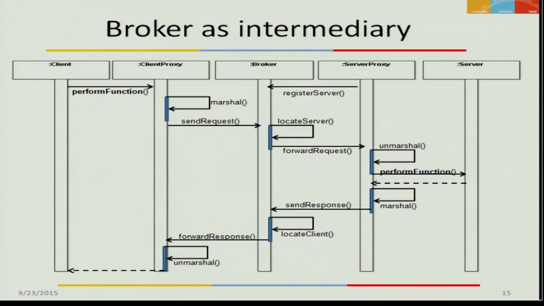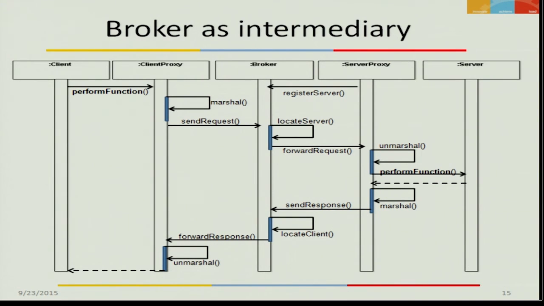Here, as usual, client makes a function call perform function, goes to client proxy. So the client proxy does a marshalling and sends a request to the broker. The server proxy has already registered earlier, so broker knows where the server proxy is. It locates the server, forwards the request, server proxy unmarshals the input data, then actually calls this perform function.